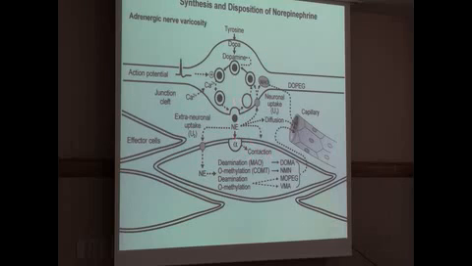So it will activate alpha adrenoceptors, and this will cause contraction of the vascular smooth muscle. So activation of the nerve endings, more noradrenaline, vasoconstriction. Okay?